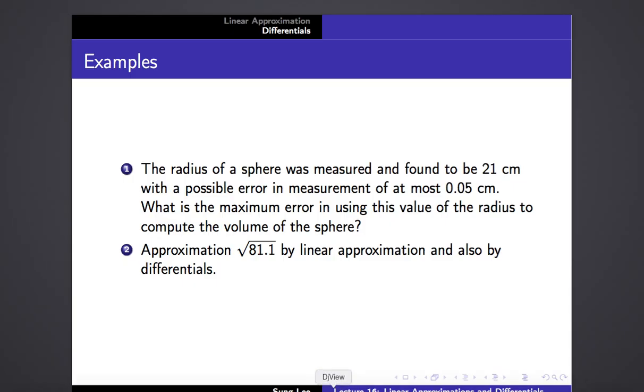Okay, so we are going to go over the following two examples. The first one is the following. The radius of a sphere was measured and found to be 21 centimeters with a possible error in measurement of at most 0.05 centimeters. This kind of thing happens all the time.